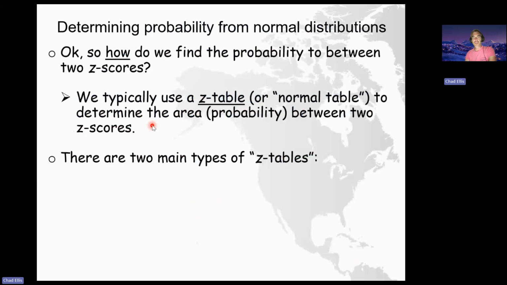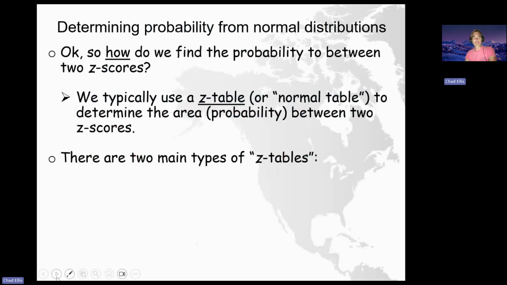So to do this, I'm going to show you a couple different ways. The way that I was taught, before we had a lot of online calculators, was to use a probability table. It's basically a lookup table where you relate a z-score to a probability, or as we'll see, you relate a probability to a z-score. There's two main types of z-tables.